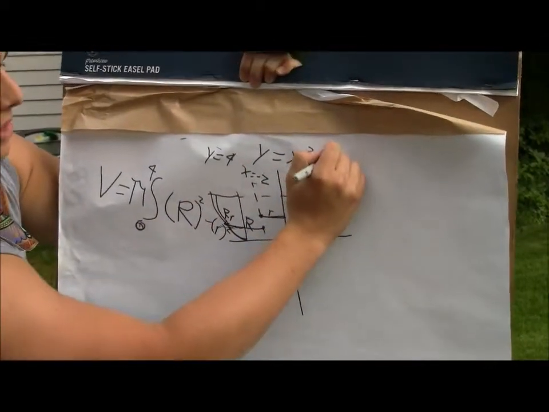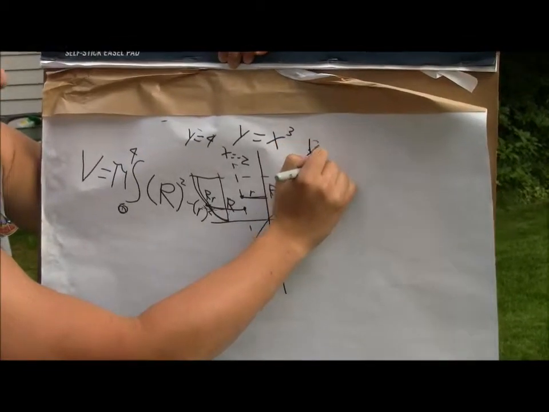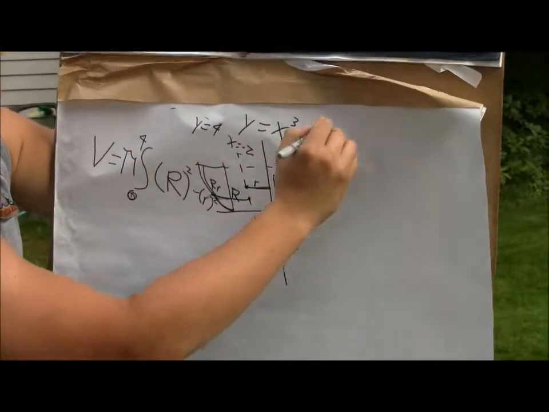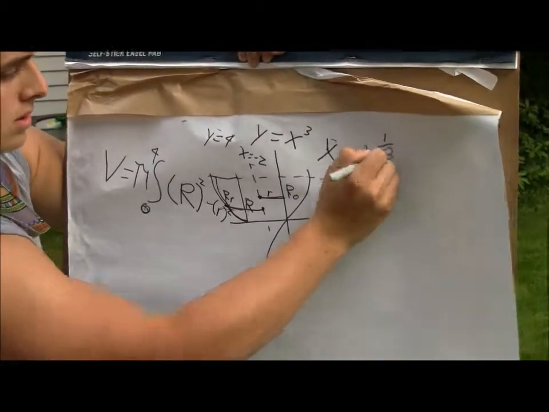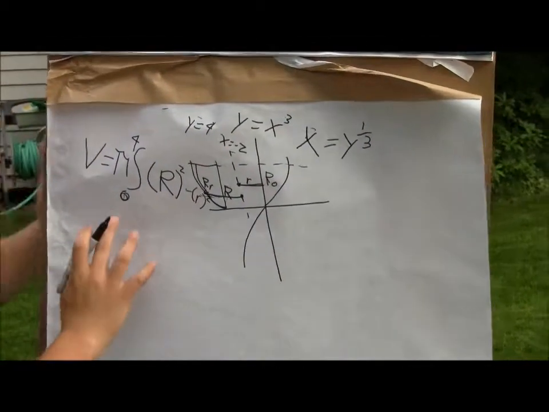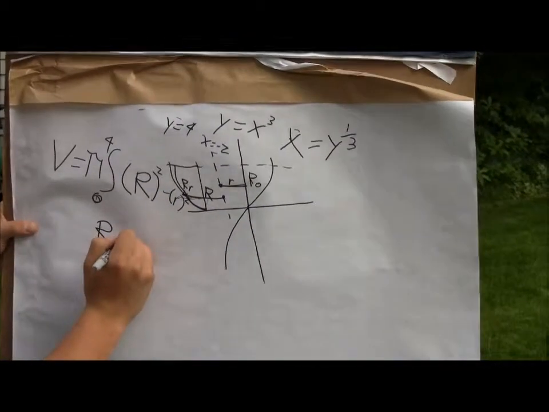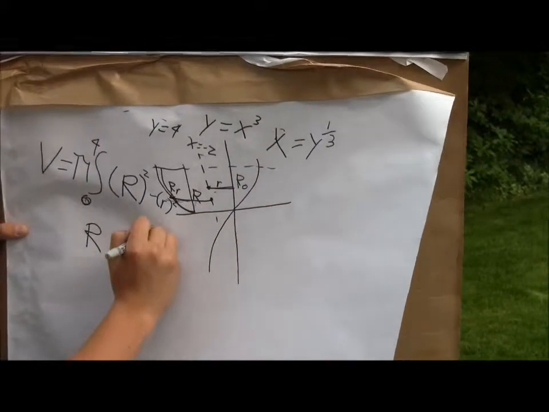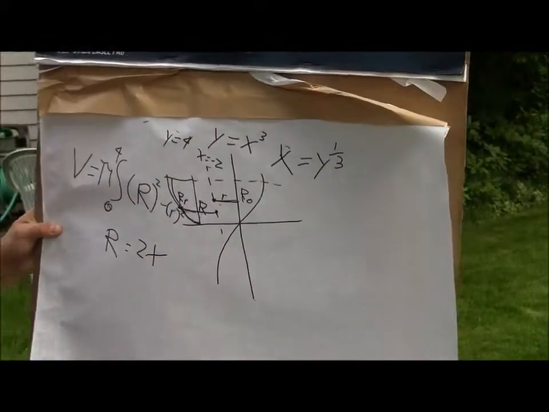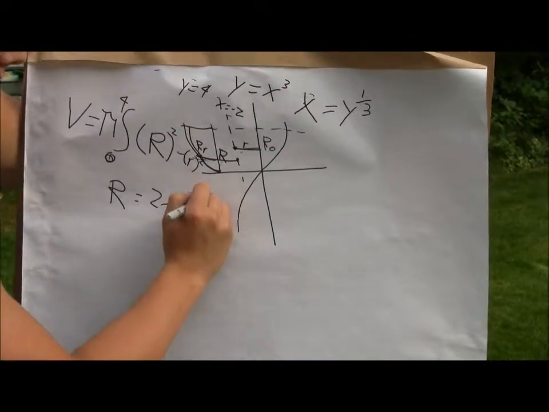But like we said in the previous one, we have to put it in terms of x. Sorry, in terms of y. So it's y to the power of 1 over 3. So our big radius, R, is 2 from here, plus the y to the power of 1 over 3.